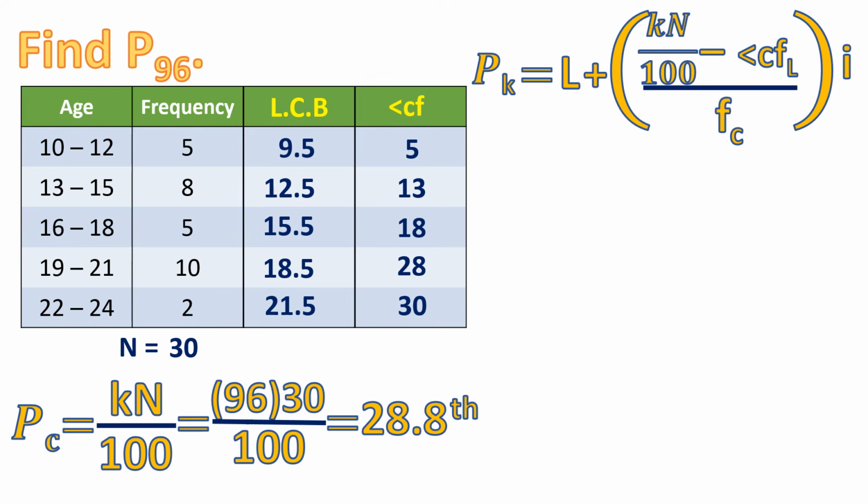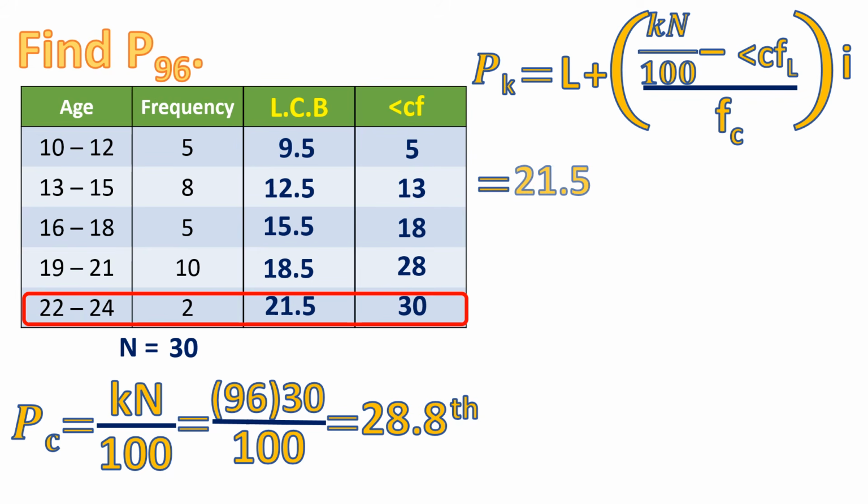So we're going to find the 28.8 number. From the less than cumulative frequency column, it lies between 28 and 30. So always choose the bigger one. So we're going to use this row with a 30. And substitute.